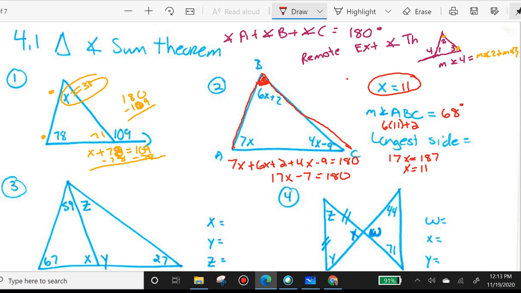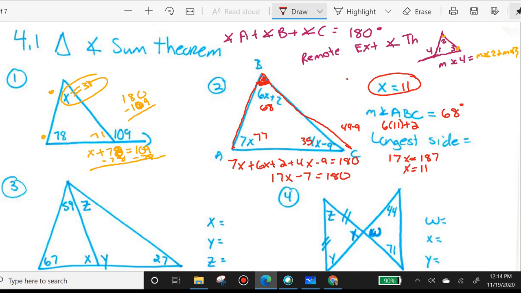And then I ask you what's the longest side. So in order for you to figure out the longest side, that's going to actually be like our next section, which is the triangle inequality piece that you have to use there. So in order to answer that, I'm first going to make sure I know all of the angles. So 7 times 11 is 77. And then this one's going to be 4 times 11 minus 9. So this is going to be 35.